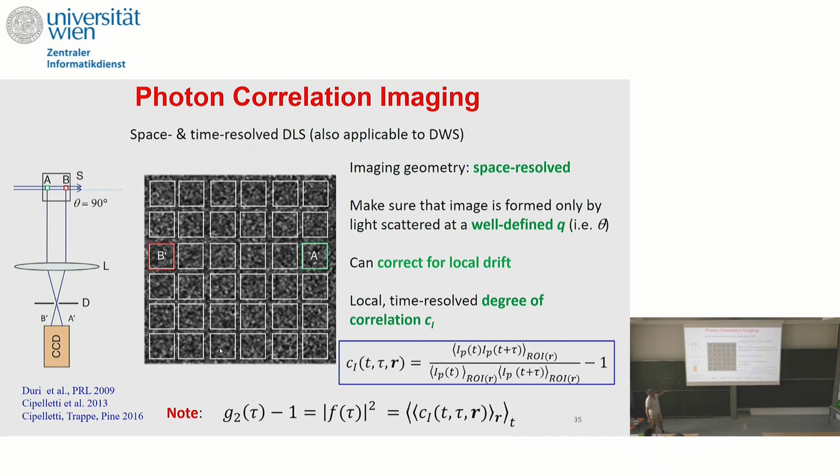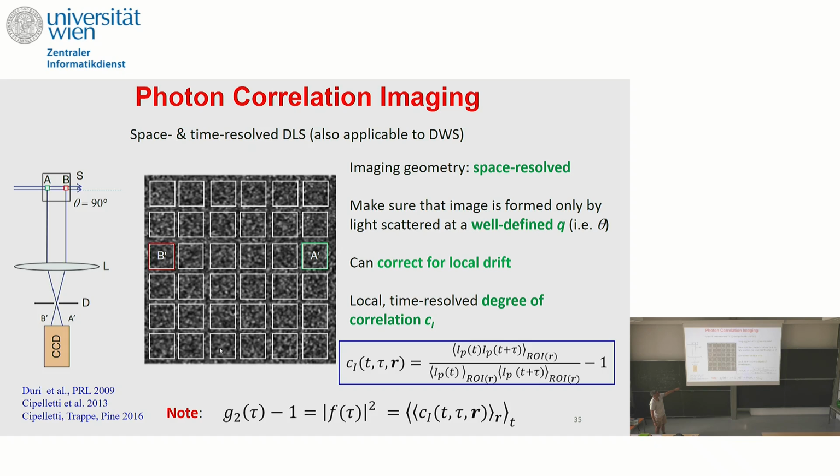And now our degree of correlation CI, which was this multi-speckle stuff, well, we can do it in a different version where we take boxes in our speckle image, and we know that each different box corresponds to a different location in the sample. So now, if we look at what happens in distinct boxes, we get information on the dynamics in distinct parts of the samples. And this is what's shown here.